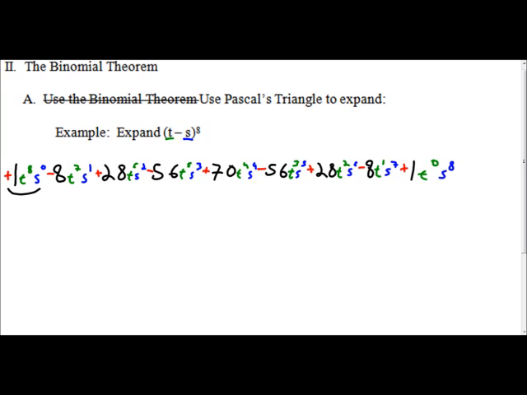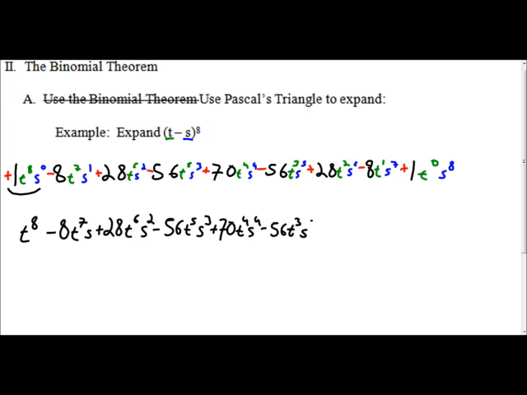So if we're looking at our first term, or first part of our expanded binomial, it's just going to be t to the 8th minus 8 times t to the 7th s plus 28 t to the 6th s squared minus 56 t to the 5th s to the 3rd plus 70 t to the 4th s to the 4th minus 56 t to the 3rd s to the 5th plus 28 t squared s to the 6th minus 8 t s to the 7th and plus s to the 8th.